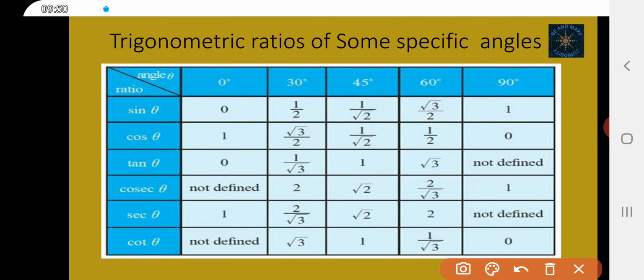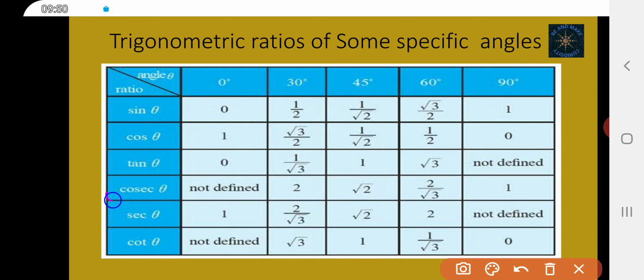And here you see tan theta: tan 0 degree is 0, tan 30 degree is 1 by root 3, tan 45 degree is 1, tan 60 degree is root 3, and tan 90 degree is not defined.